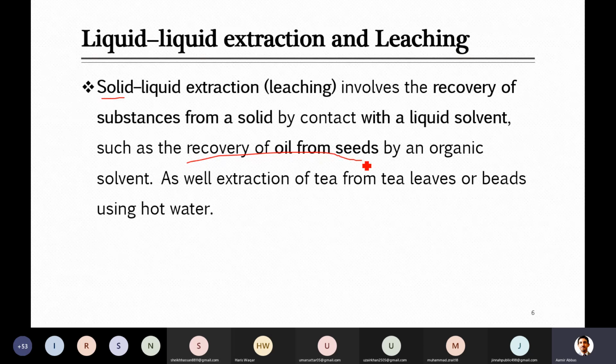Some part is extracted towards the water. Due to this, we see the change in color of the water, and the other solid is still left over. For example, that is the leaf. Some components will be extracted from the leaf, and then the overall solid share of the leaf will be left as such. So here some components are removed from the solid towards the liquid.